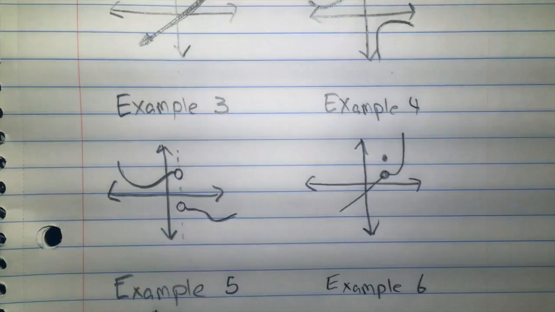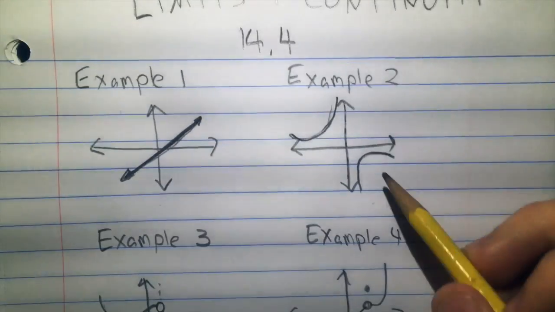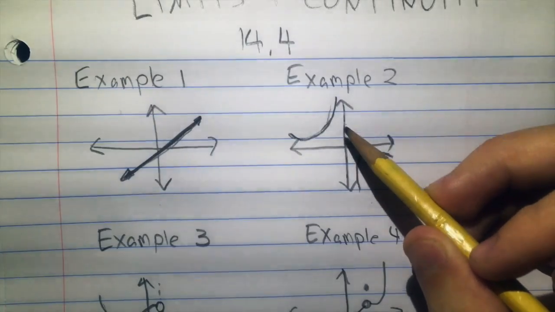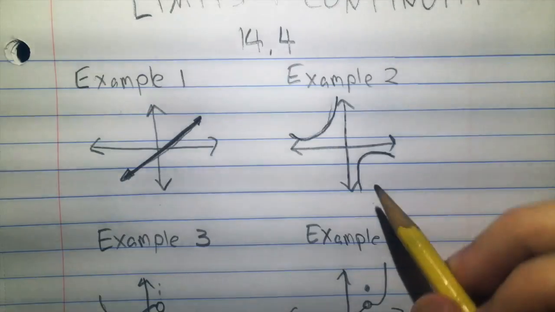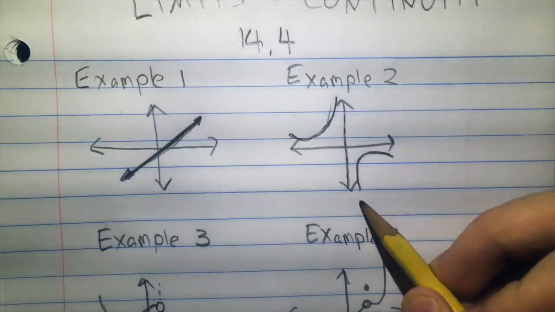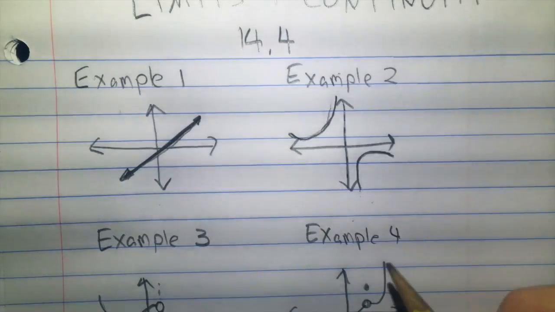And when finding the limits of the said graphs, say you were to find the limit as x equals 0 on this graph, it wouldn't exist because these two values are completely different.